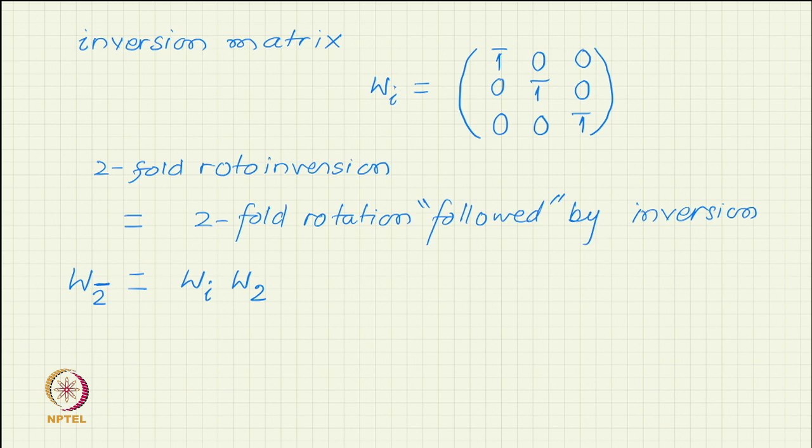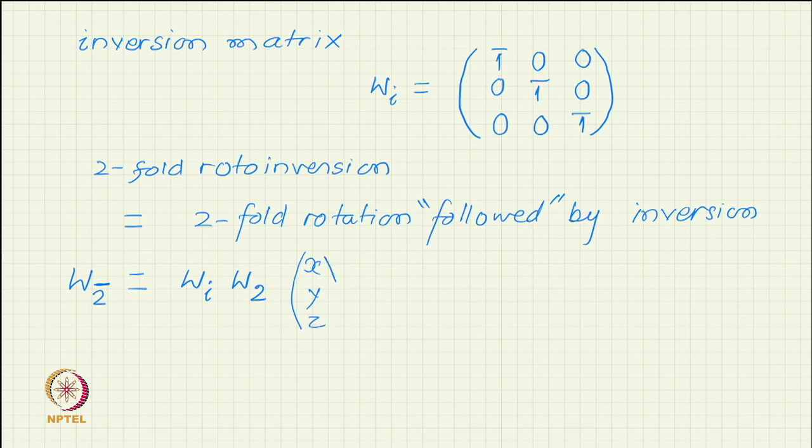will be Wi into W2. You remember, we always write the first matrix on the right and the second matrix on the left, and if there was a third matrix then still on the left, because what is the purpose of these matrices? To transform some vector.